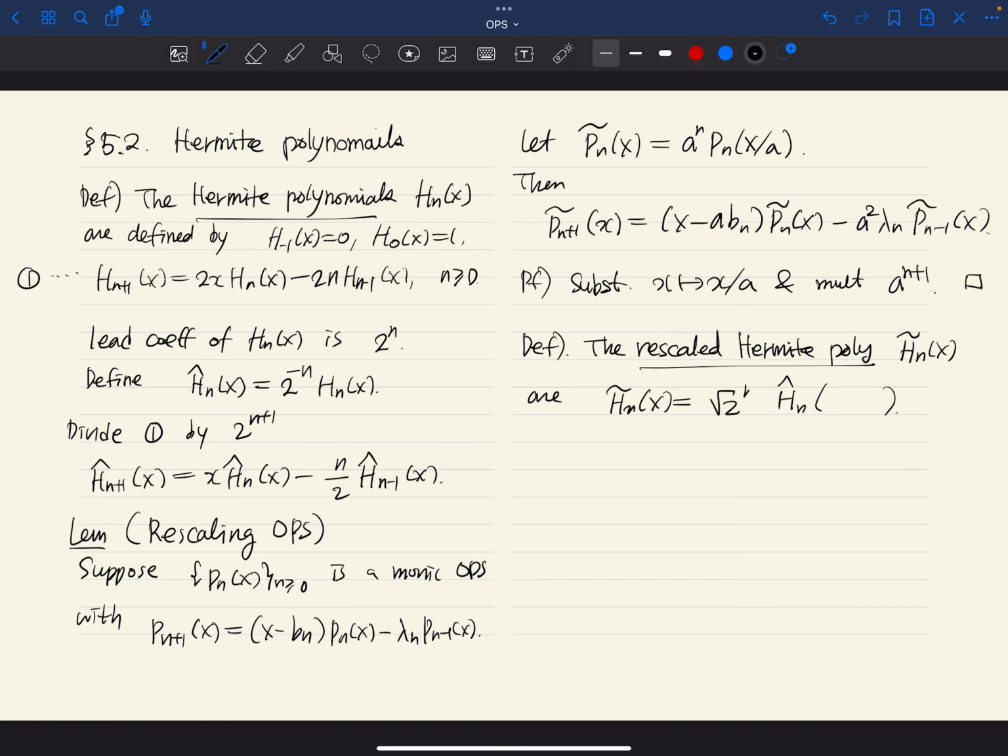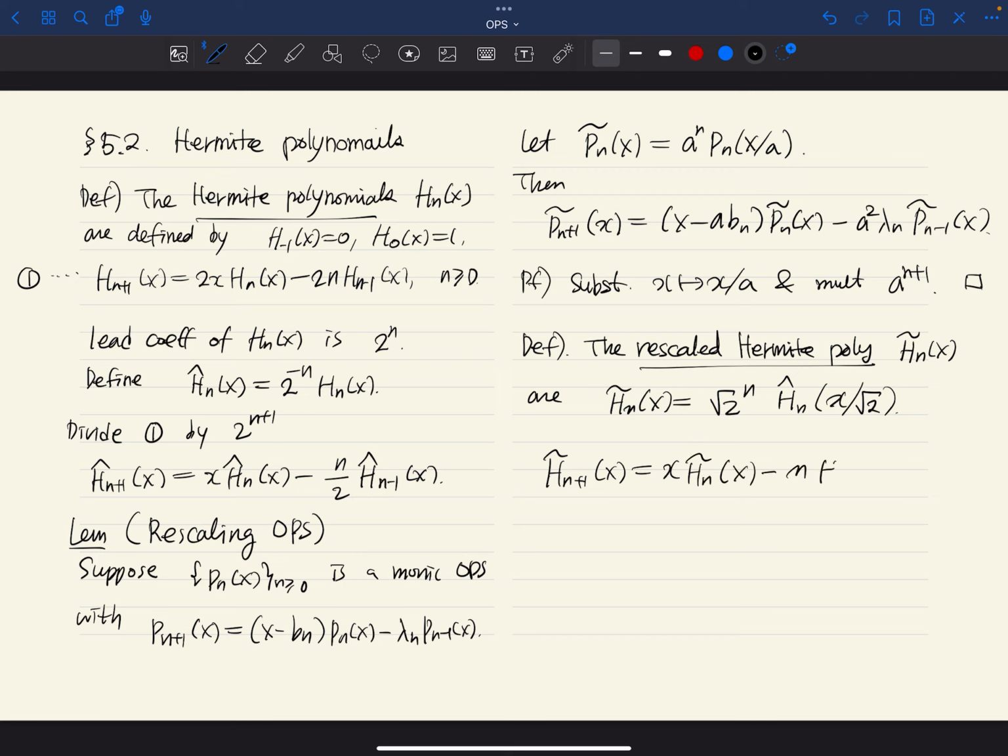Square root of 2 to the n, yes, because we divide this by a. Sorry, I was confused. But anyway, if we define it in this way, then finally we have the nicest formula like this. So b is not there, so we don't have to worry about it.